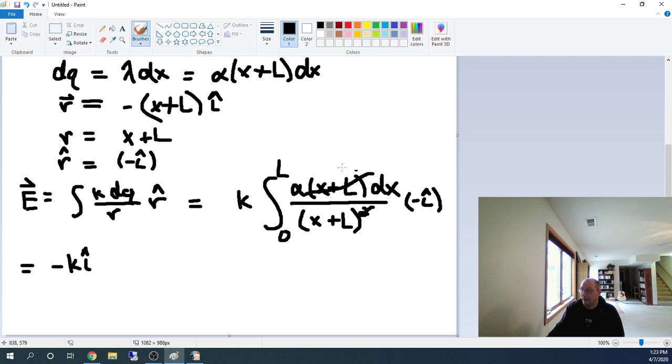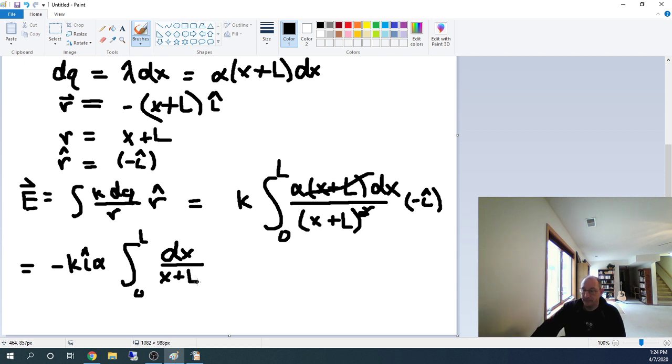That's the k, and I bring the i hat out from the integral. And then, oh yeah, I suppose I should have an alpha out there too, so I'll bring the alpha out, that's a constant as well. And then it's just the integral from 0 to L of dx over x plus L.